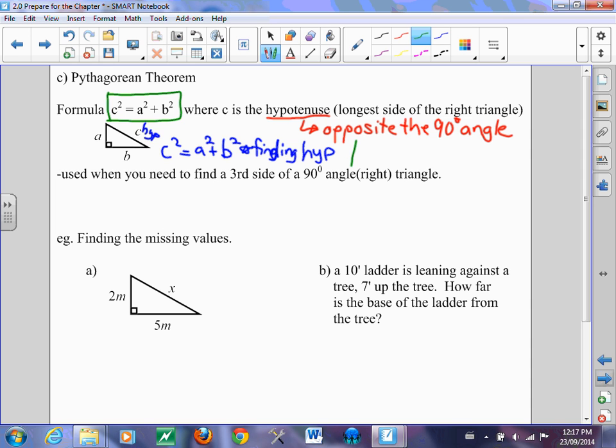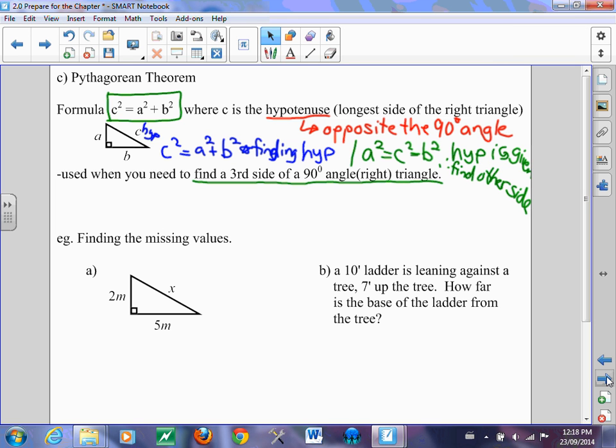We're going to rearrange that formula, so it's going to look like a squared equals c squared minus b squared. And this is when hyp is given, and you're going to find another side. So hyp is given. Therefore, find other side. So I ran out of room there, guys. Okay? All right. And when do we use Pythagorean theorem? When you need to find the third side of a 90-degree or right triangle.